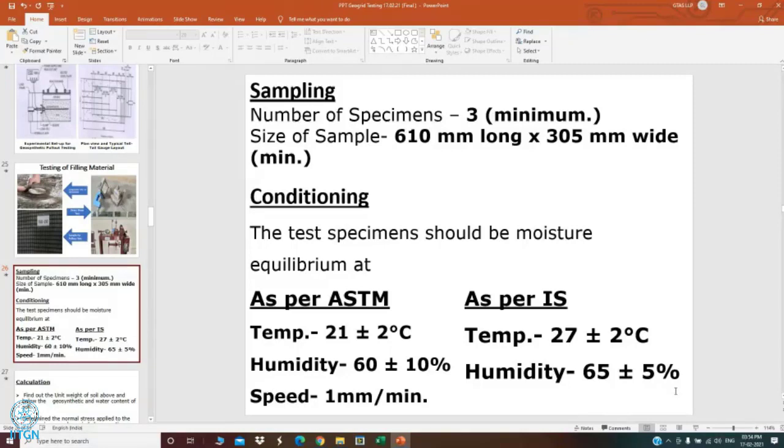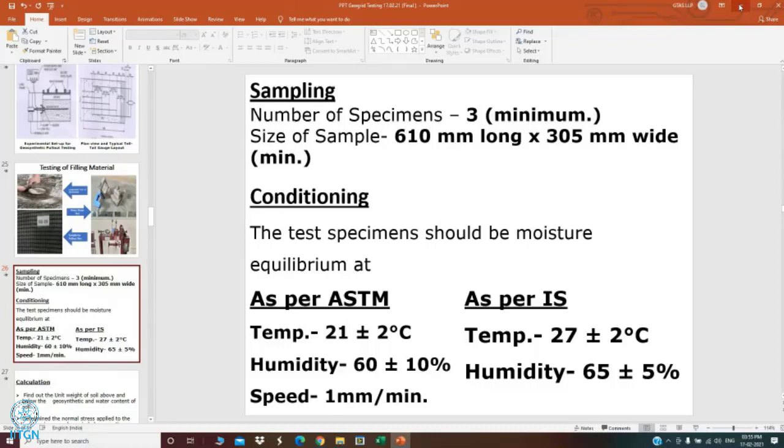So if you are recommending the value, you should say that you have maintained this temperature as per BIS, or, if accreditation has come for ASTM, he will maintain 21 degrees Celsius. We can use the same equipment, maintaining temperature at 27 plus or minus 2. Mind you, this whole recording has to be kept. It's not that when you go into testing, you just switch on the AC and say this is the temperature. No, it's supposed to be maintained for quite some time so that there is homogeneity in the temperature and everything else.